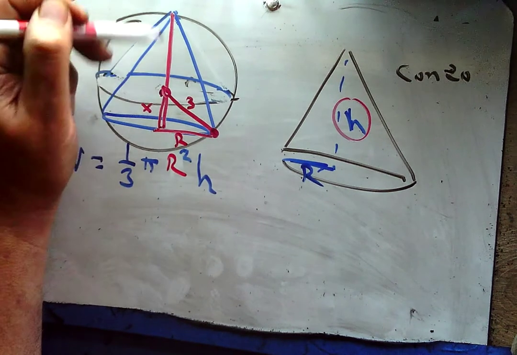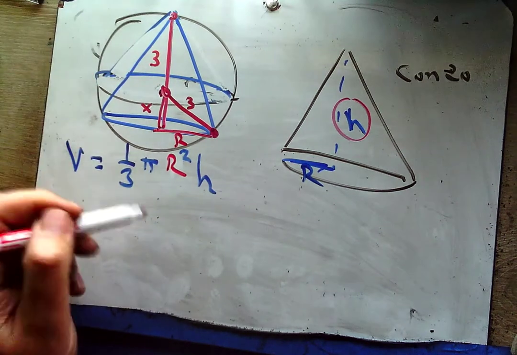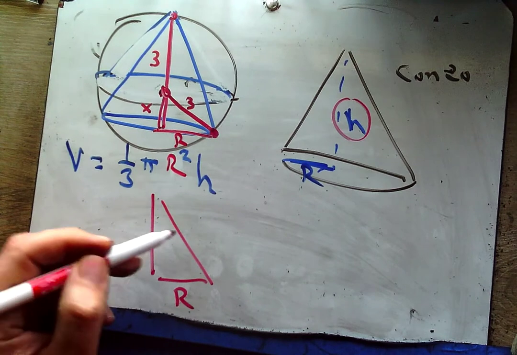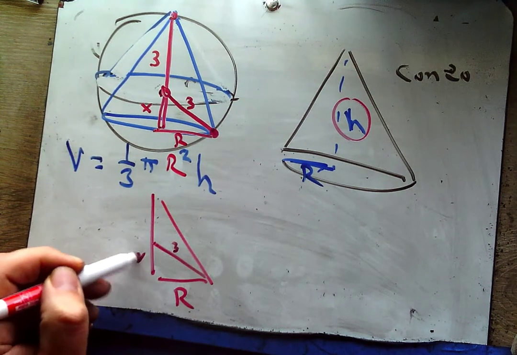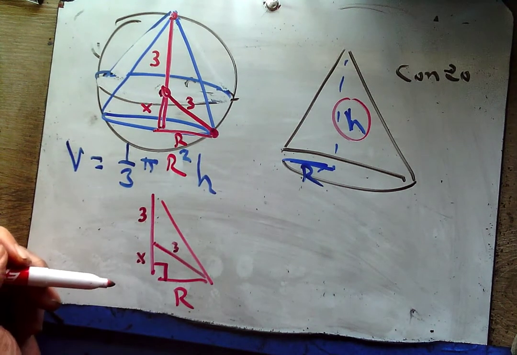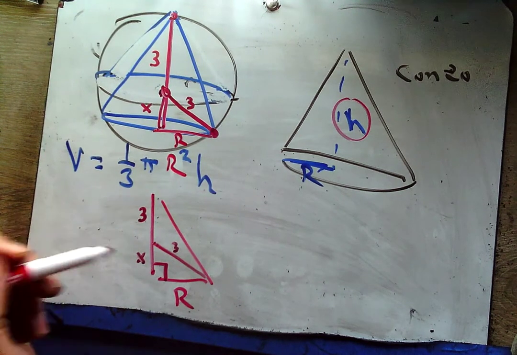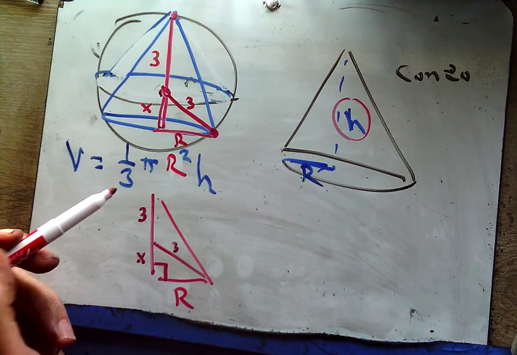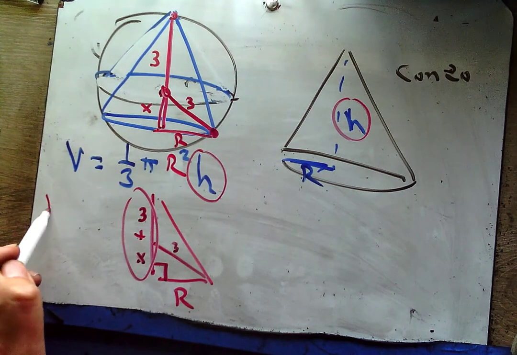And what about from the center to here? That's 3 again. That's another radius. So I'm looking at the radius of Conio, I'm looking at 3, I'm looking at x, and I'm looking at negative 3. Okay? So, well, that's fabulous. What information do I need for my volume equation? Well, it looks like my height is 3 plus x.